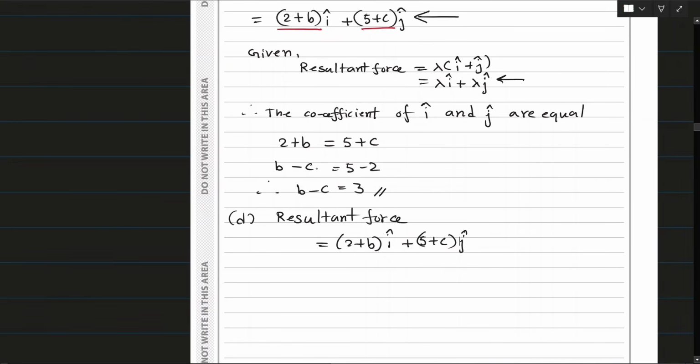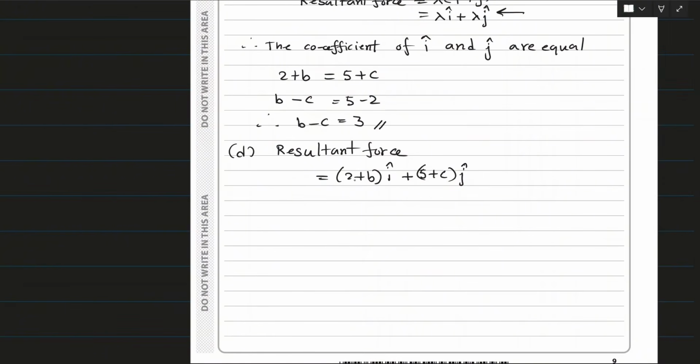In our question, it is given that this resultant vector has a magnitude of 10 root 2. So we find the magnitude of this resultant force using the general procedure for calculating the magnitude of a vector given in i and j form.